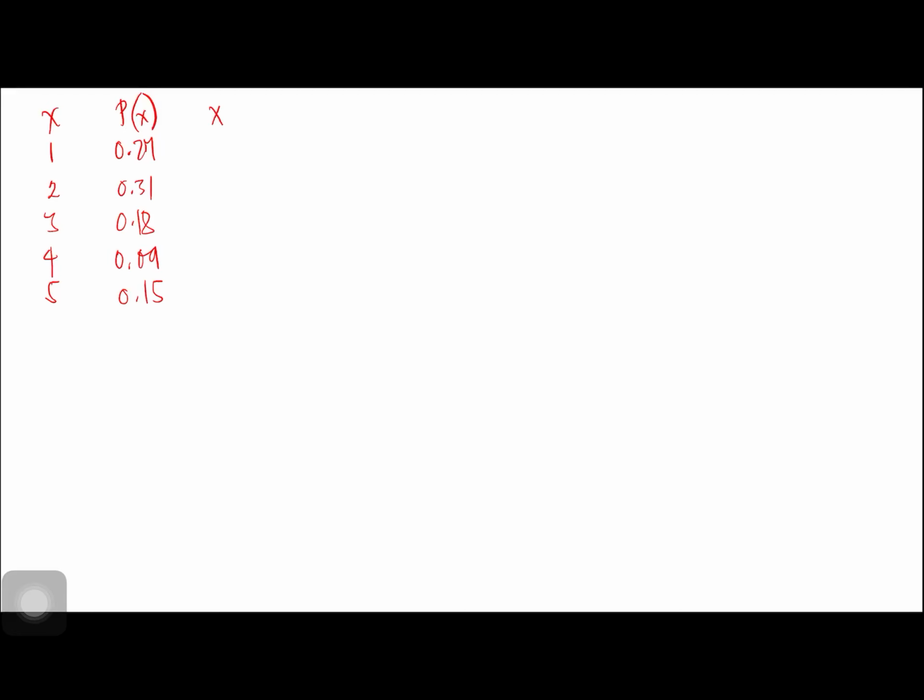Let us get x times the probability of x. We have there 0.27, 0.62, 0.54, 0.36, 0.75. Then mu is equal to the summation of x times the probability of x. That gives us 2.54.